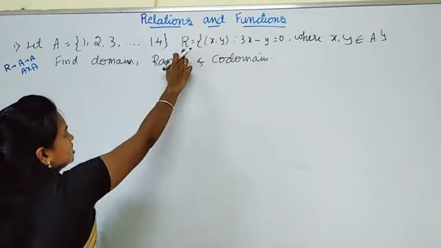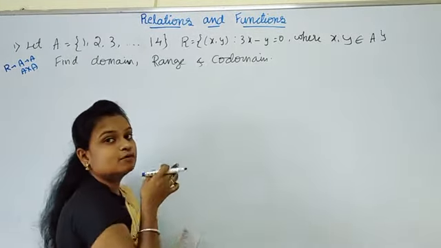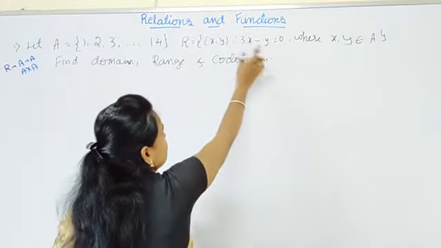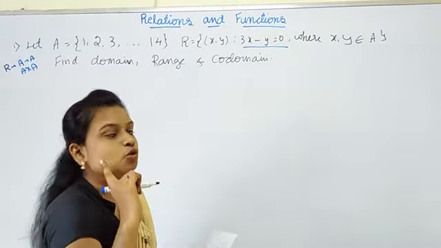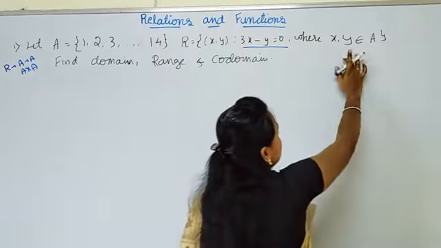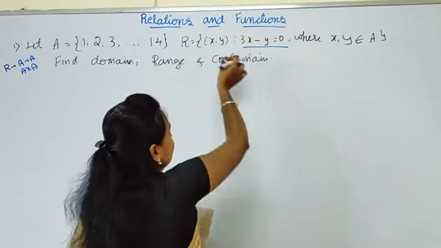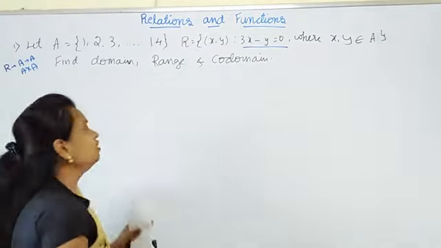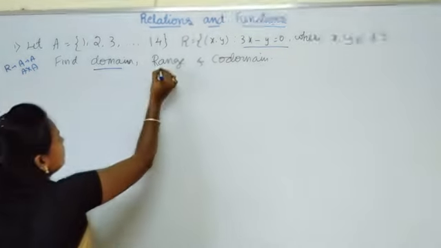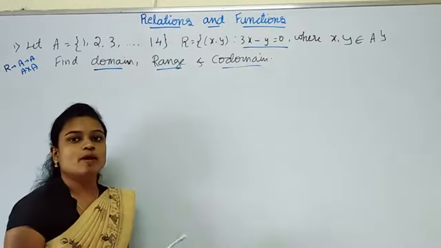The relation is the set of all ordered pairs (x, y) such that 3x − y = 0, where x and y belong to A. We have to find domain, range and codomain.